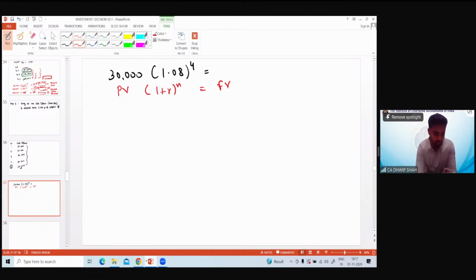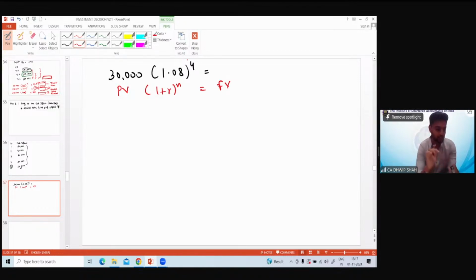You take 1.08 in the calculator, you press the multiplication sign and you press the equal to sign 3 times. 1, 2, 3. Since the power is 4, you press equal to 3 times. When the power is 5, you press equal to 4 times. When the power is 6, you press equal to 5 times. I hope you have learned this at a lower level.